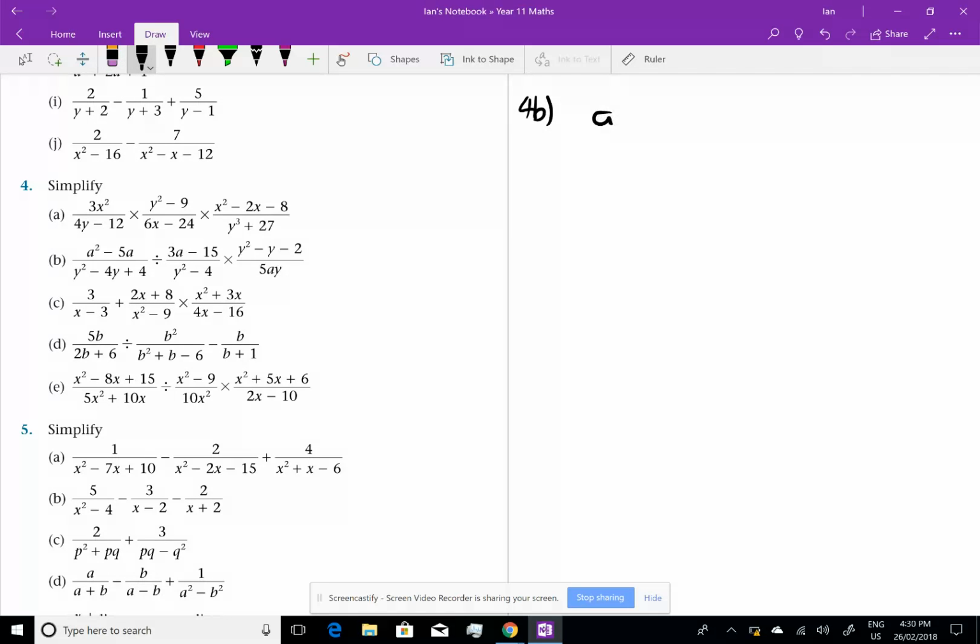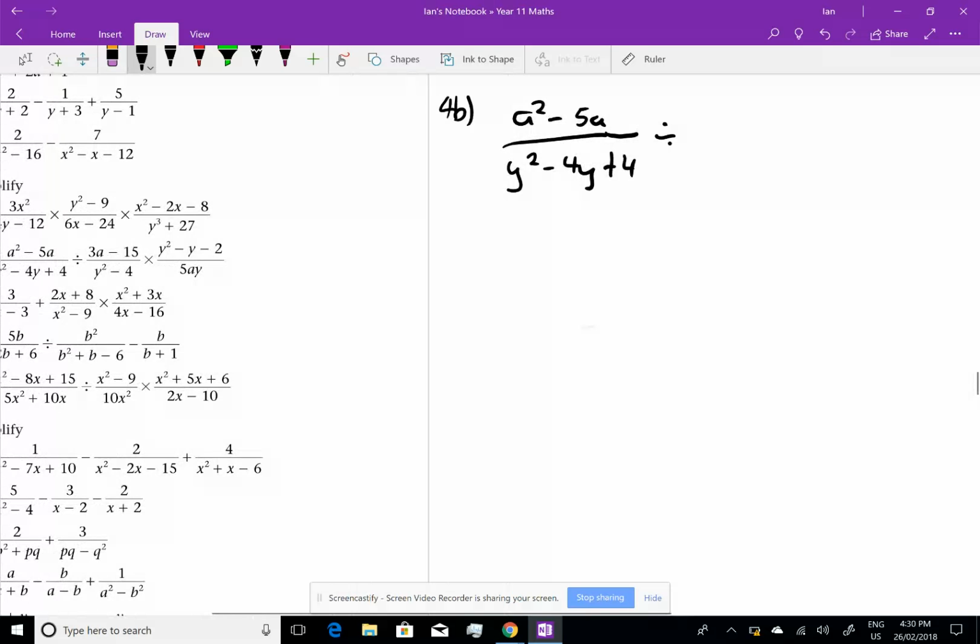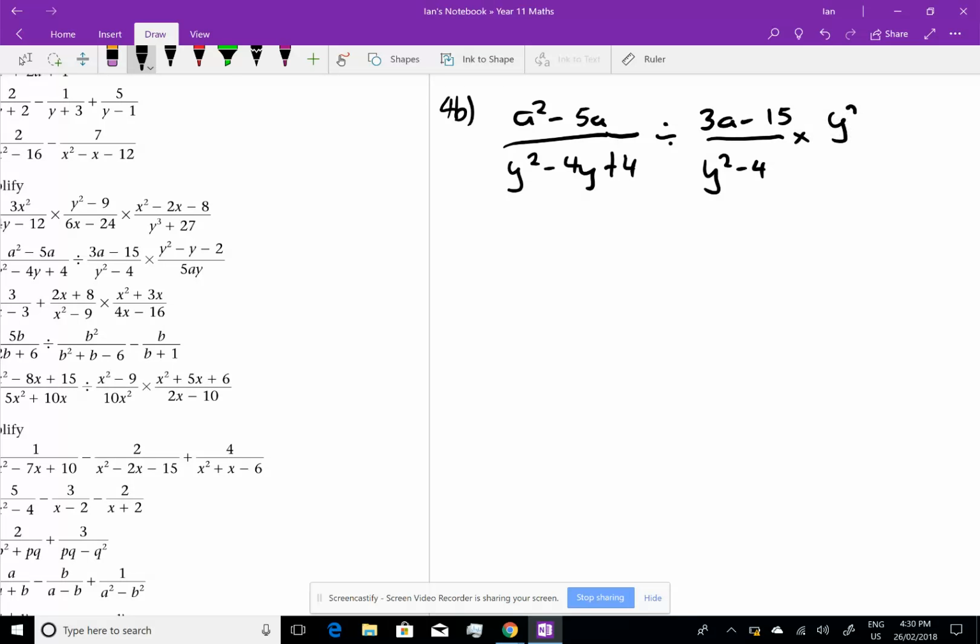I've got a squared minus 5a over y squared minus 4y plus 4, divided by 3a minus 15 over y squared minus 4, times y squared minus y minus 2 all over 5ay.